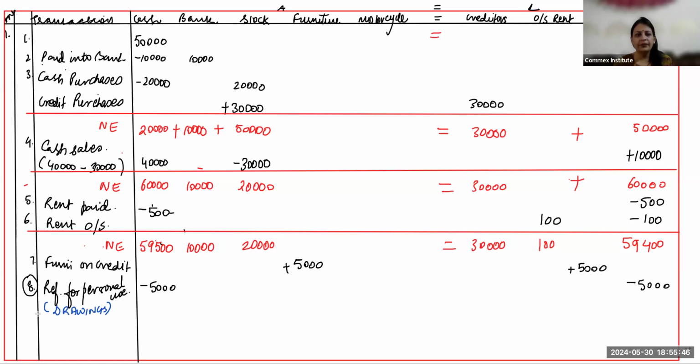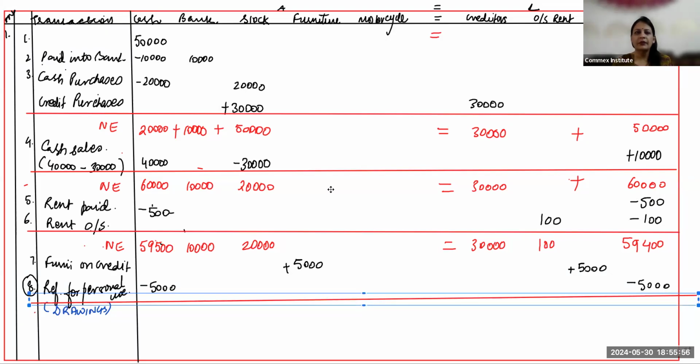So here, for the 8th transaction, I'm drawing my new equation. So my cash has gone down to 54,500 after the payment of 5,000 for the drawings.